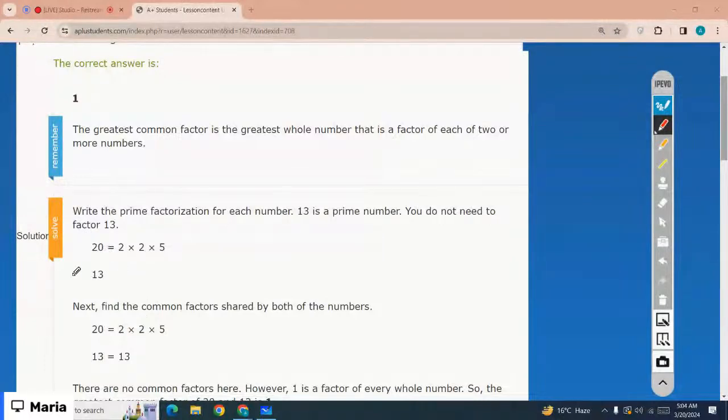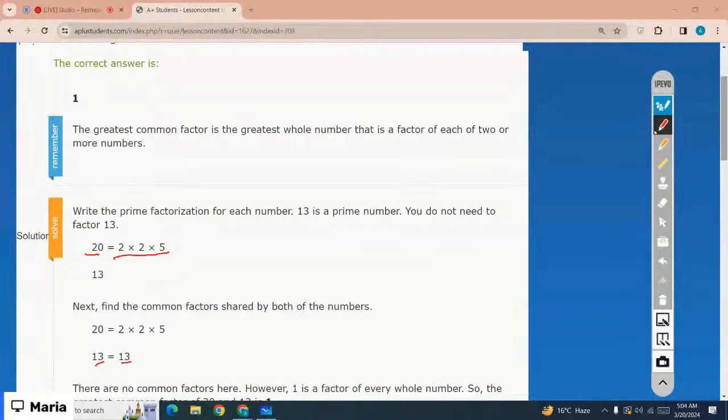The prime factors of 20 are 2 times 2 times 5, and the prime factors of 13 are 13 times 1. We do not have any common factor here. That means only 1 is a factor of every whole number, so the correct option is 1.